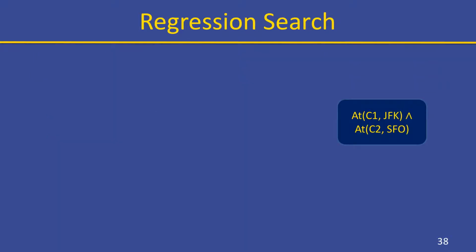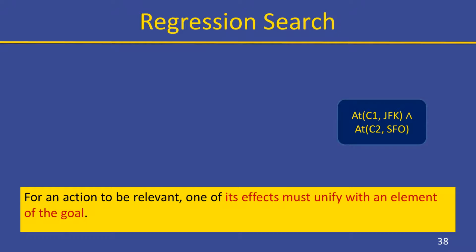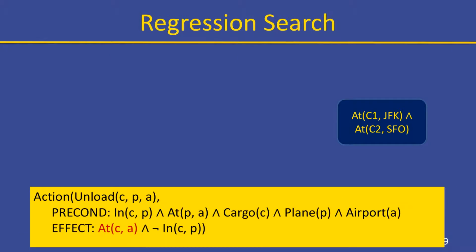So here's what that looks like for our cargo problem. Let's say our goal is to have C1 at JFK and C2 at SFO. We look for relevant actions here. So for an action to be relevant, one of its effects must unify with an element of the goal. So let's take a look at our unload action. One of its effects, at C A, unifies with at C1 JFK.